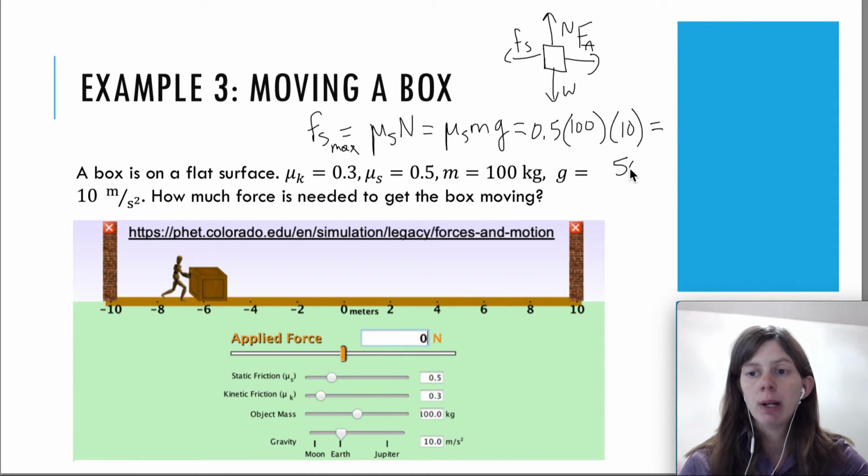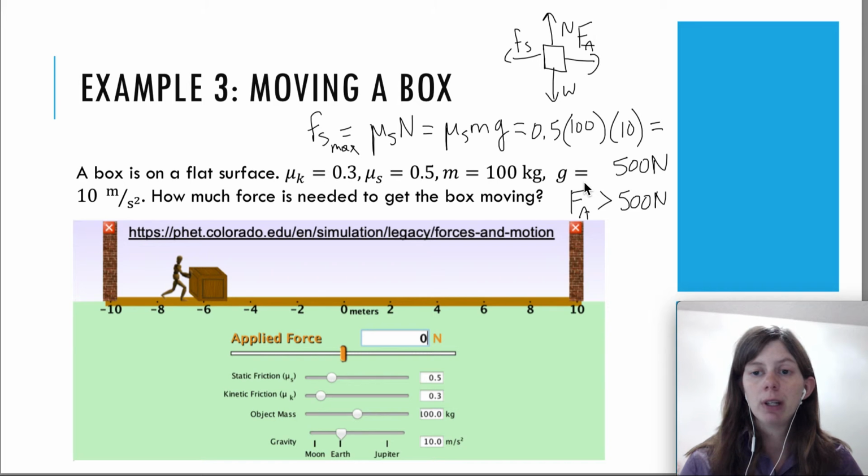We get 500 newtons. This is the maximum static friction force. In this case, the object will still be at rest. So in order to get the box moving, we need a force applied just greater than 500. If you push on this applet, you can try 500.0001 and it will get the box moving.